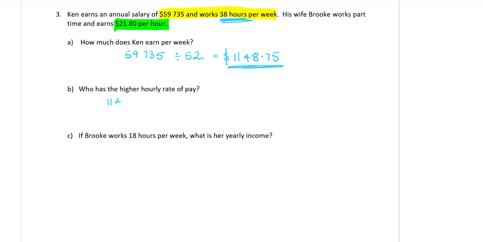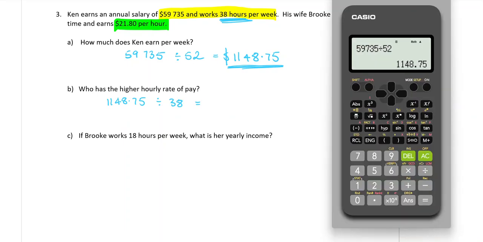So 1148.75. I'm going to divide that by 38 because he works 38 hours a week. So let's just divide by 38. And he is getting $30.23.